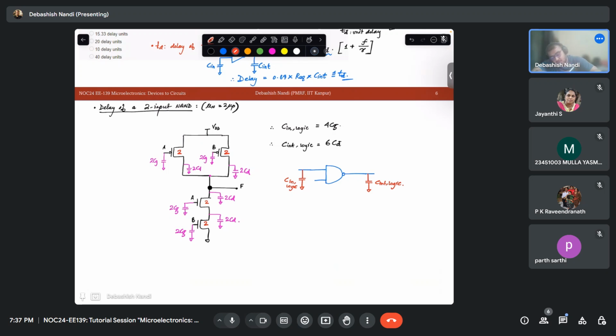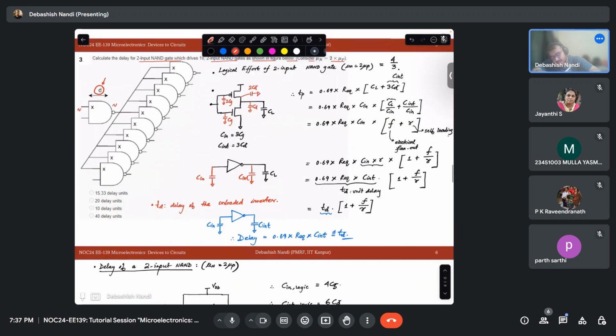Now, what is the load in this case? For this stage, what is the load? What is my CL? Can you see that CL is the 1, 2, 3, 4, 5, 6, 7, 8, 9, 10, 10 times of C in of the next stage.